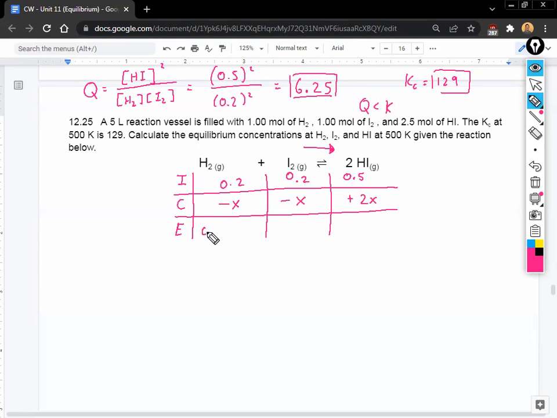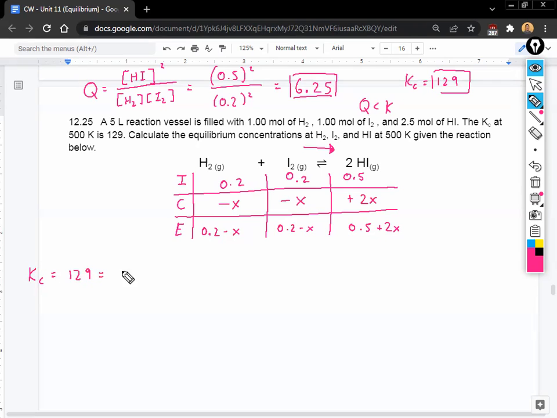Okay, so we can find our equilibrium concentration to be 0.2 minus x, 0.2 minus x, and then it's going to be 0.5 plus 2x. Now we can solve for x, because we know that at equilibrium, the Kc is equal to 129.